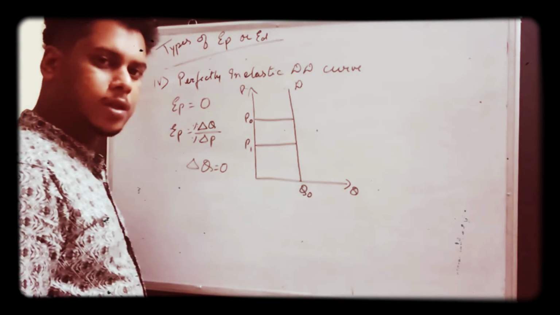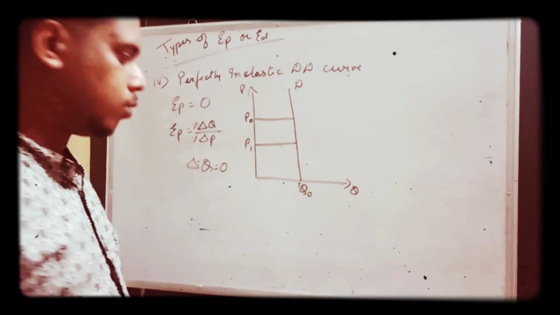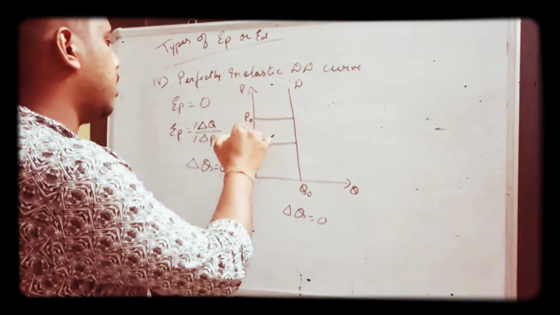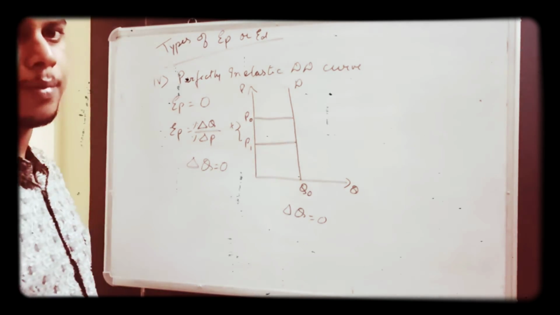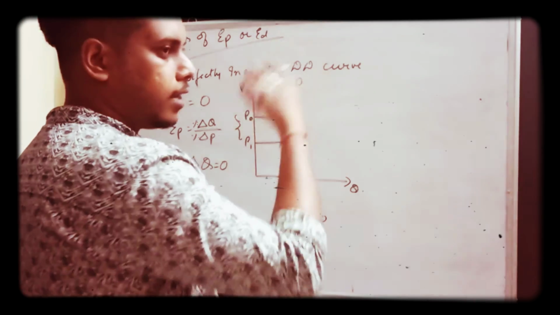What do we see over here? That even if the price changes, the quantity does not change. So del Q is 0, whereas del P is something positive or negative, depends upon the change. Okay. Over here it is negative, the price has fallen down.